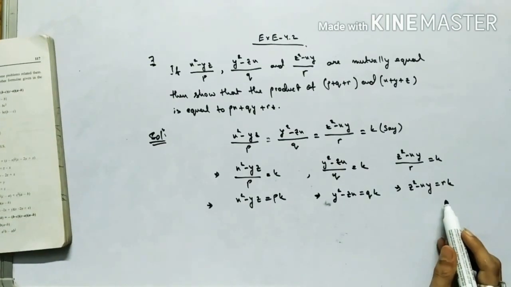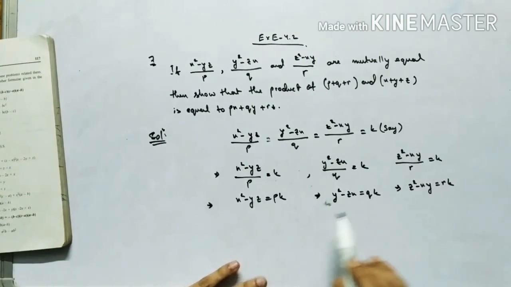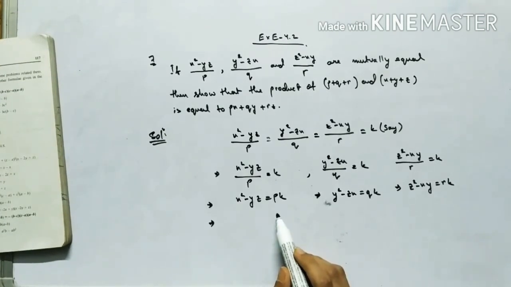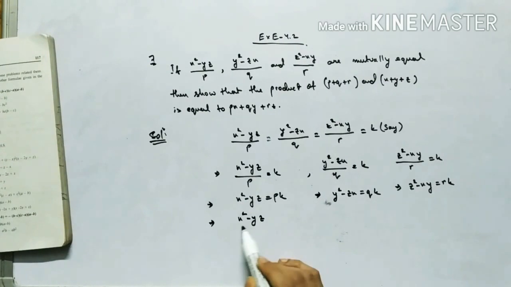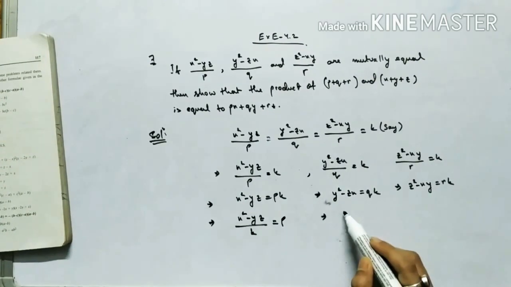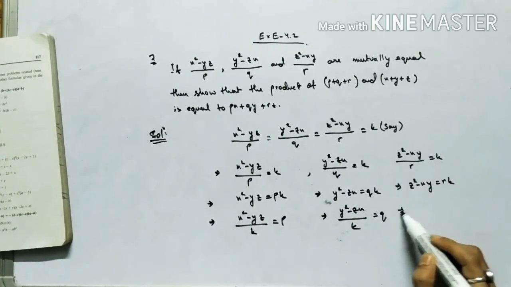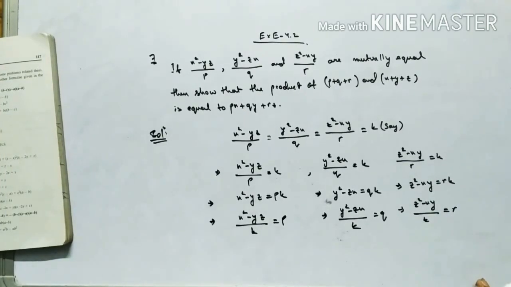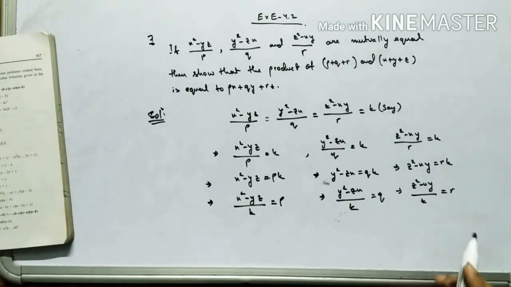Now from here, (x square minus yz) by k is equal to p, (y square minus zx) by k is equal to q, and (z square minus xy) by k is equal to r.